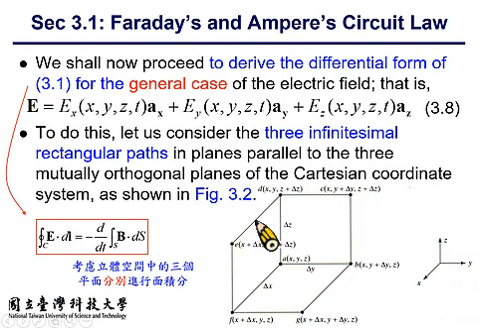Next, let's try to derive the general form of the differential equation for Faraday's law. The electrical field has projections in all directions, including Ex, Ey, and Ez.